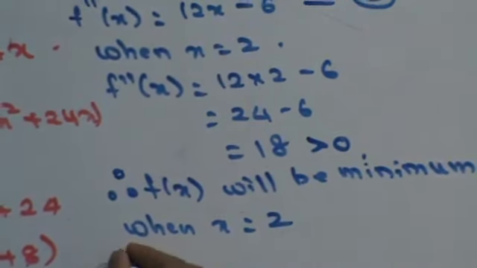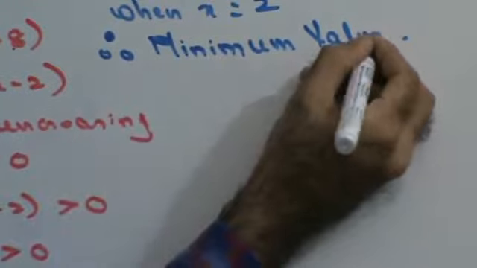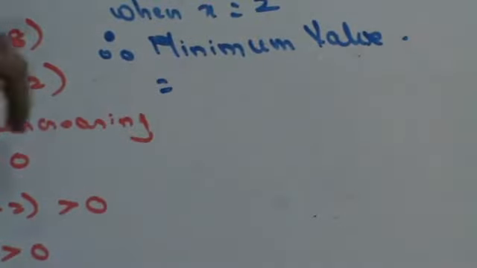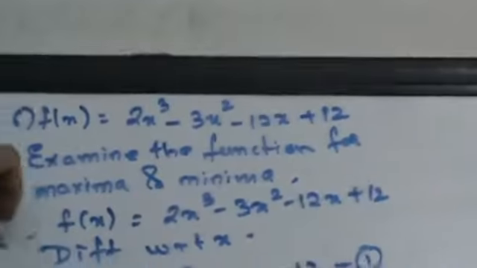Therefore, the minimum value will be, substitute this value of x in the original equation. To get the minimum value, substitute the value of x in the original equation.